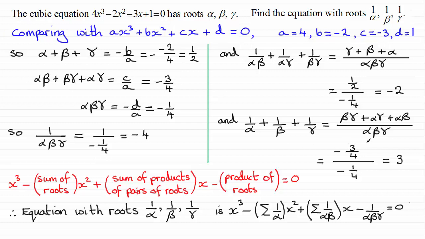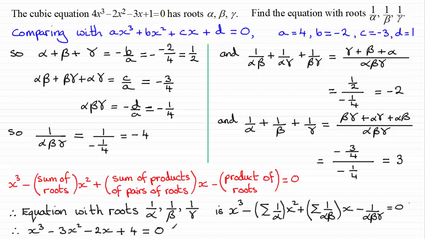So we've got minus 3/4 divided by minus a quarter for the product of the roots, and working that out comes to 3. So we've got all our values now for these terms here. So if we substitute those values in, we get our new cubic equation with roots 1 over alpha, 1 over beta, 1 over gamma.